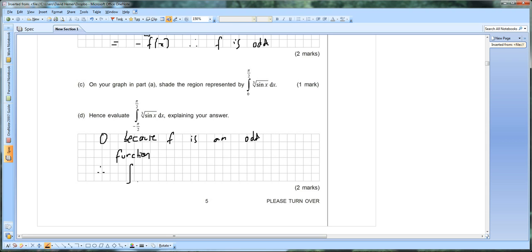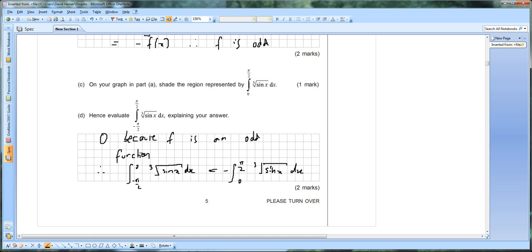Therefore, the integral from minus pi on 2 to 0 of cube root of sine x dx is equal to minus the integral from 0 to pi on 2 of cube root of sine x dx. So just clean that up a bit there. There we go.